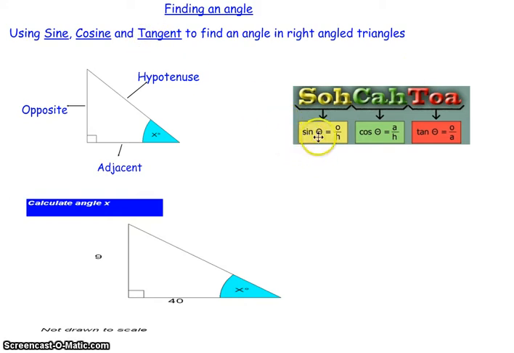So if we want to find the sine of an angle, it's going to be the opposite side divided by the hypotenuse. And if we want to find the cosine of an angle, it's going to be the adjacent side divided by the hypotenuse. And if we want to find the tangent of an angle, it's going to be the opposite side divided by the adjacent side.